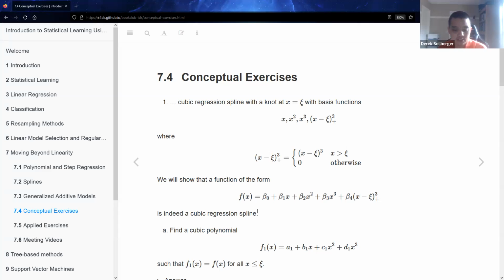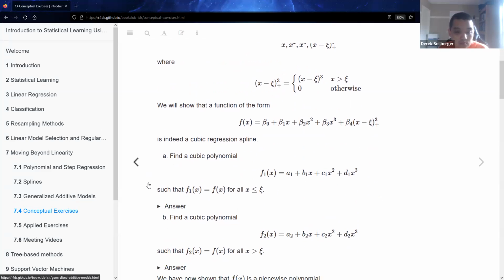What problem number one asks us to do is to make sure that even though we have this piecewise function, we could still assure that this is a cubic regression spline. So first of all, if we have a generic cubic polynomial with these coefficients a1, b1, c1, and d1 for all possible values of x less than or equal to c, we are asked to find what these coefficients a1 through d1 are in terms of the beta coefficients.